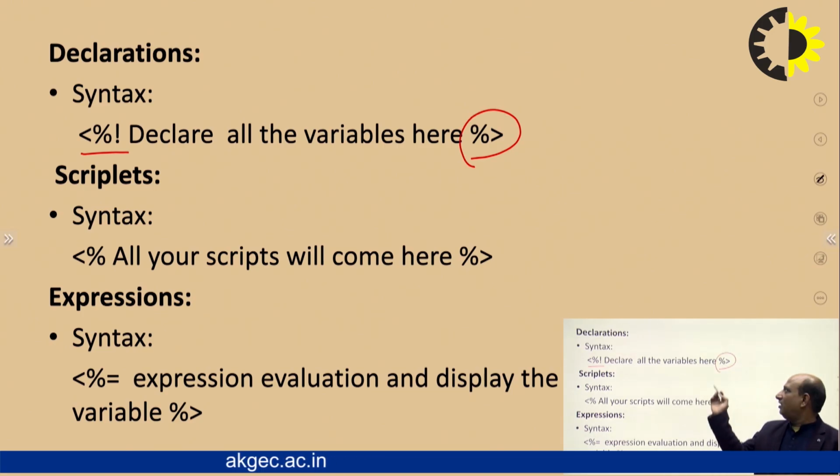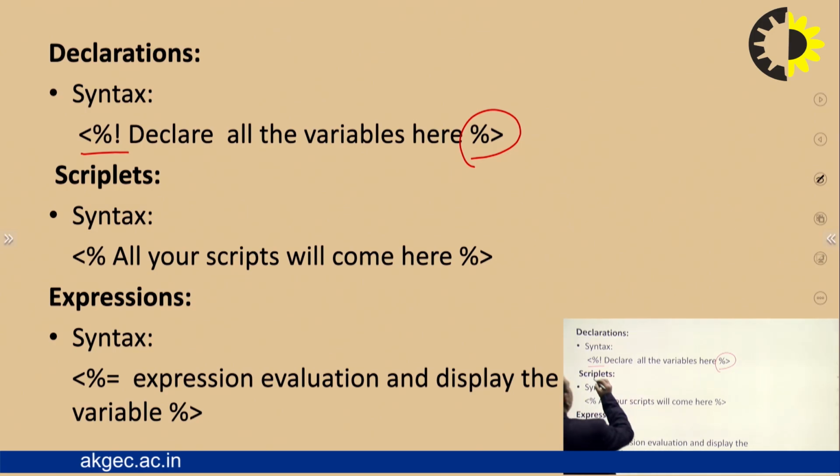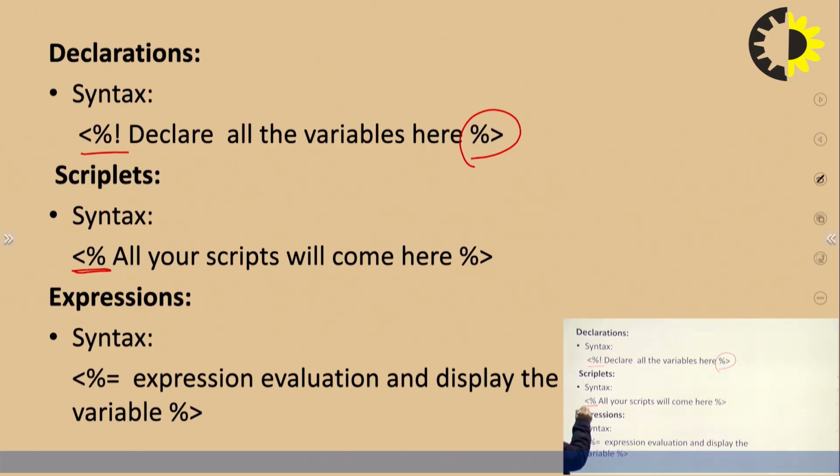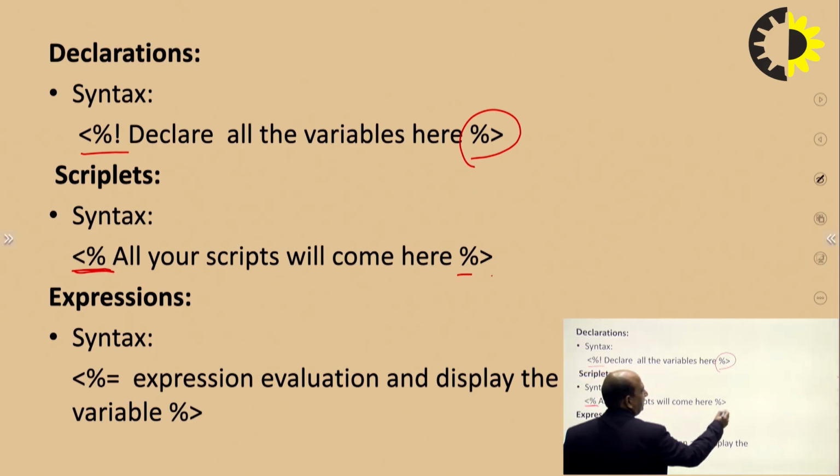Every tag ends with this; the only difference is the starting tag. So the declaration tag starts with angular bracket, percentage, exclamation mark, and the scriptlet tag starts with angular bracket, percentage, and ends with percentage, angular bracket.